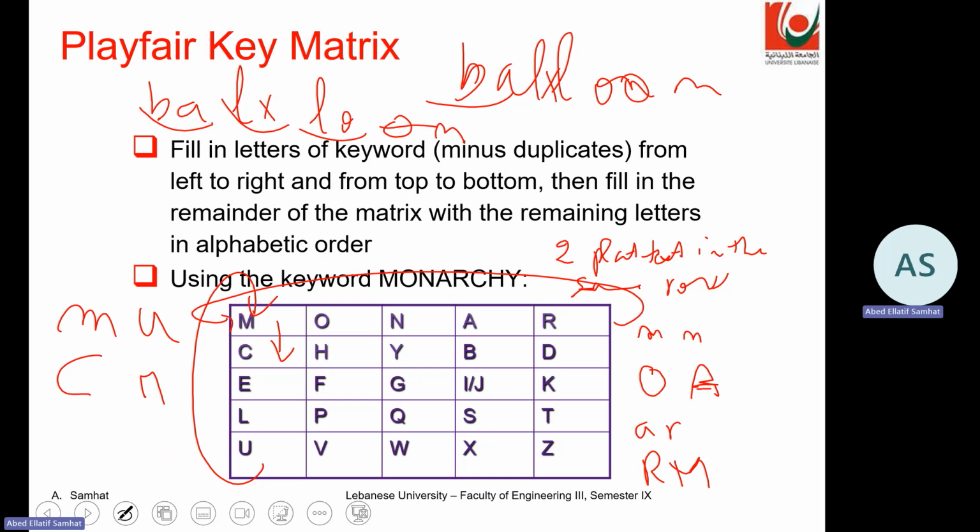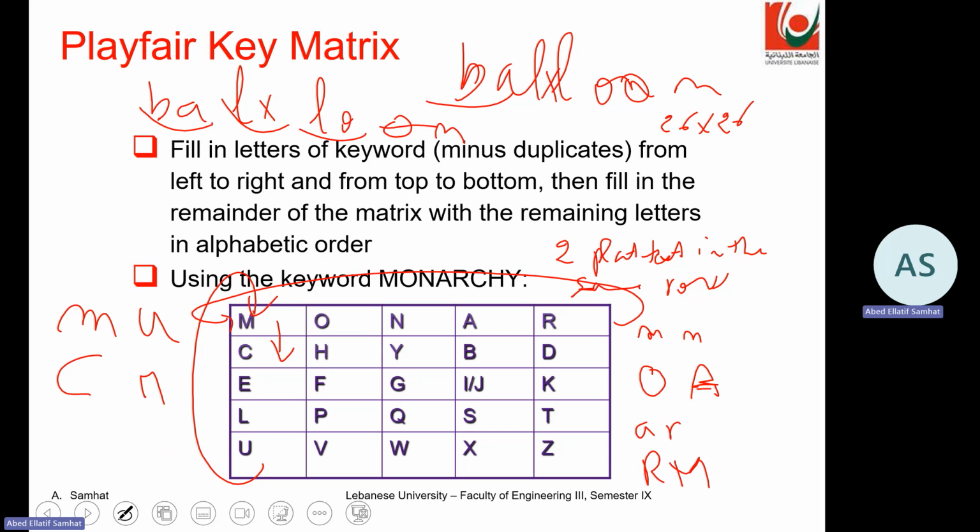So as we said, in this case, it's better than monoalphabetic. Why? Because we are using two letters, so we have 26 times 26 possible diagrams of two letters.